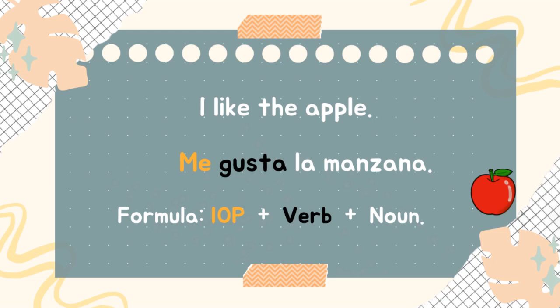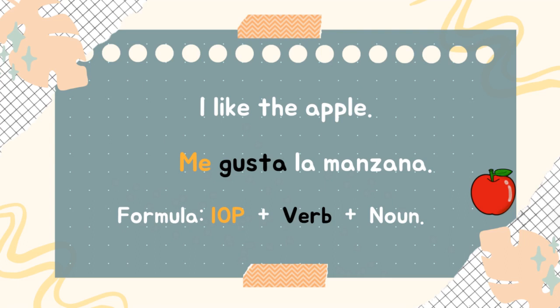I like the apple. We already know that we would not say yo gusto la manzana. Our formula is add our IOP, then we're going to add our verb. So remember, IOP, or that indirect object pronoun, comes in front of the verb, and then we will follow with our noun.